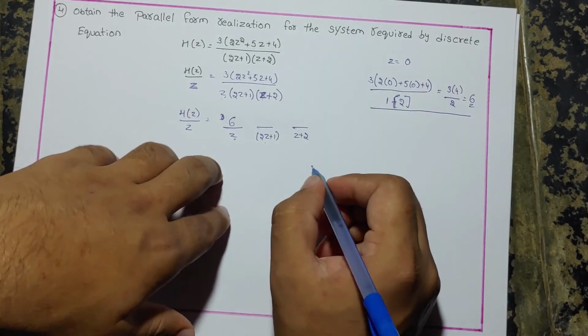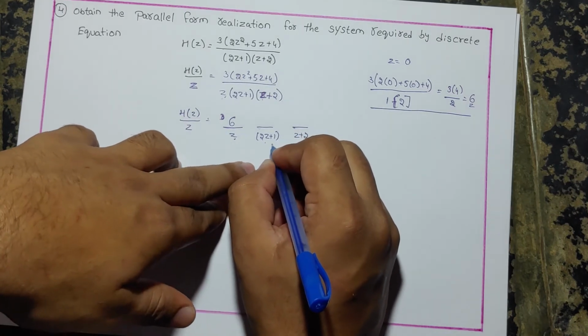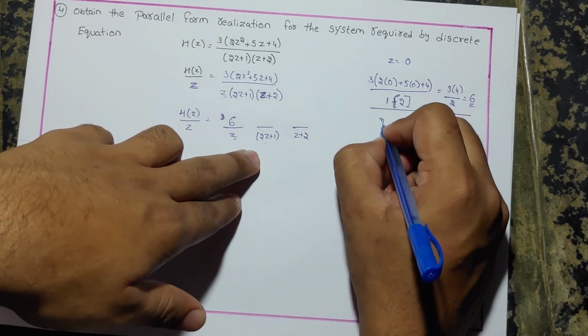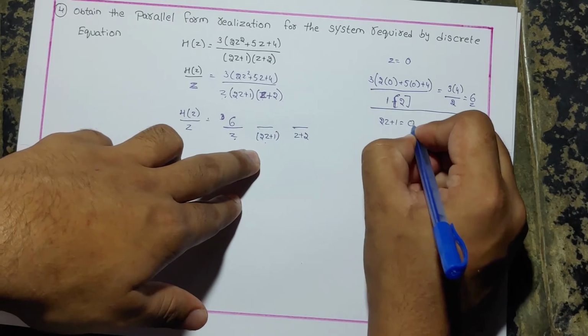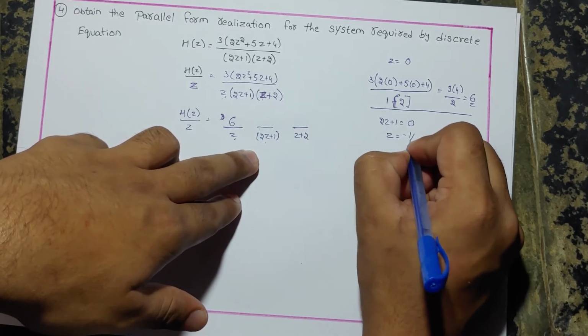Let us place this here, and let us consider 2z plus 1 is equal to 0. That is z is equal to minus 1 by 2.